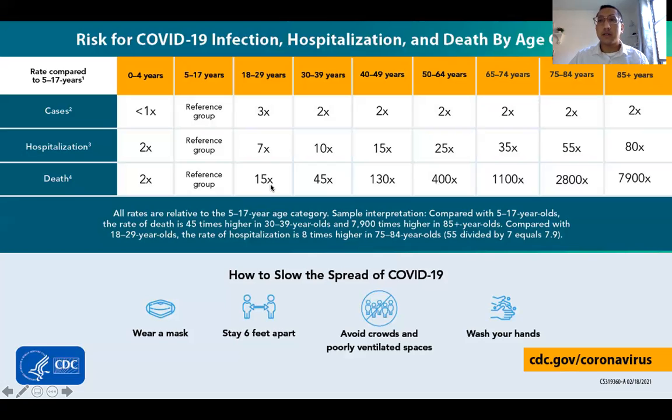But when we talk about people over 65, such as in this group, 65 to 74, that number increases from the reference group 35-fold, and then the risk of death increases over 1,000-fold.